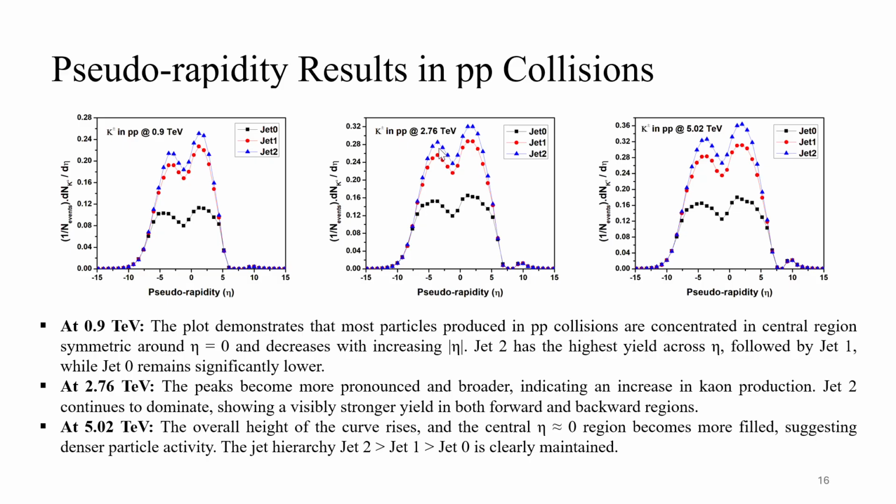So the most particles are produced when we set jet 2, and the particles are also more compressed in a compressed region when jet is set as 2, because our peak is compressed. When it's set as 0 or 1, the peak is not so compressed as compared to jet 2.